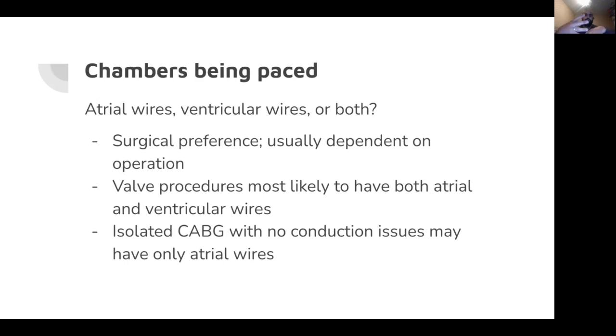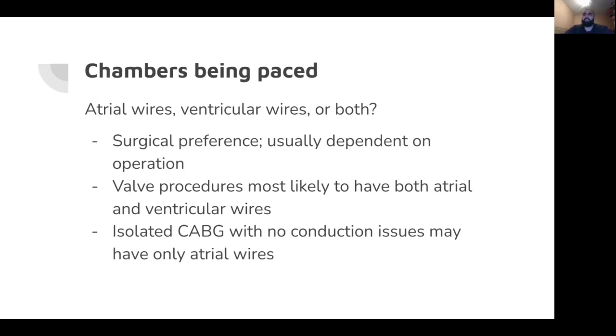And this is determined by where on the heart you're operating, right? If the operation is more likely to involve parts of the heart that are close to the conduction system, then they will place ventricular wires almost certainly.